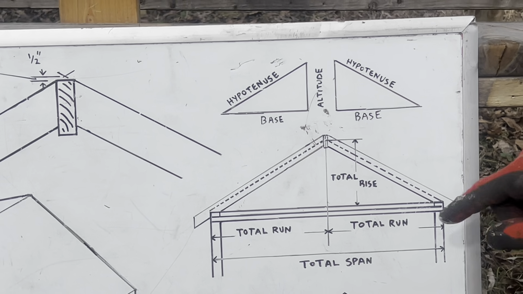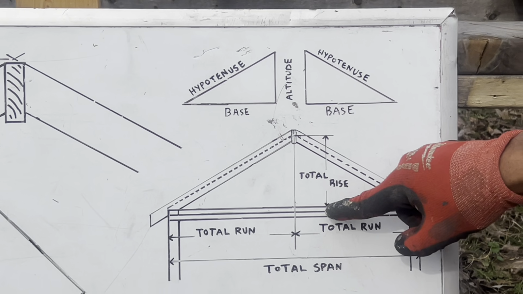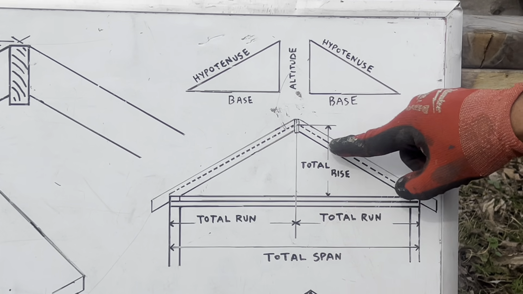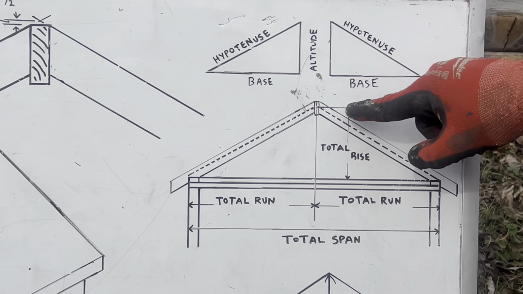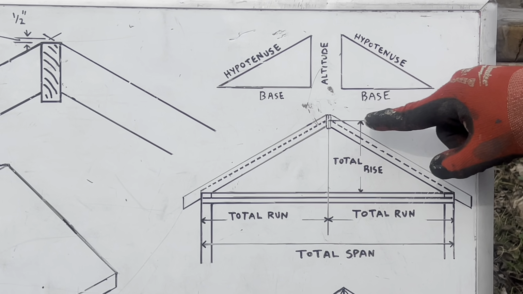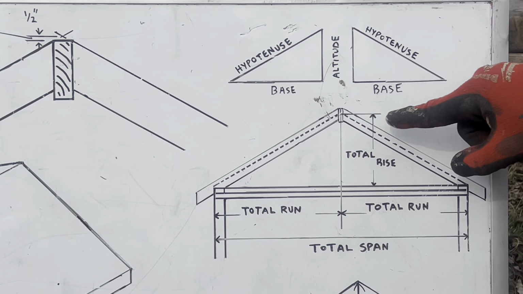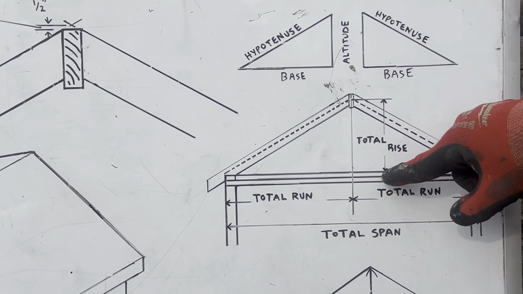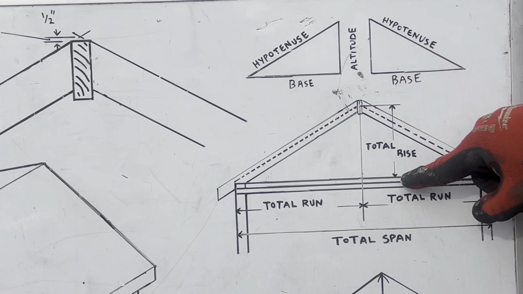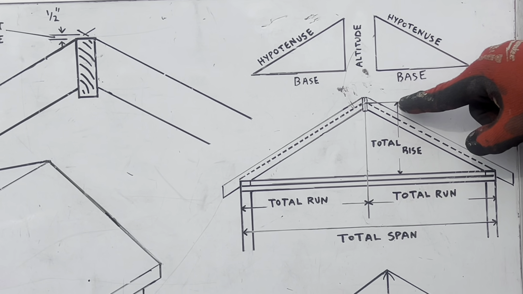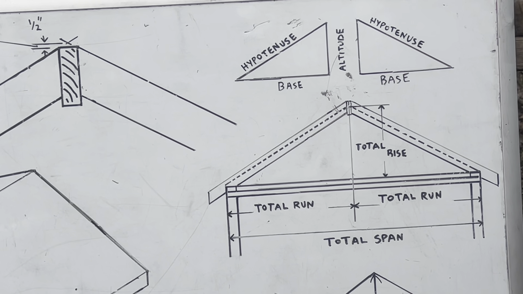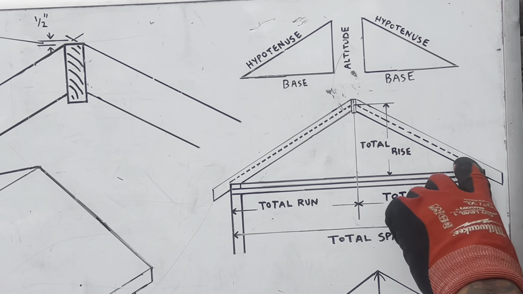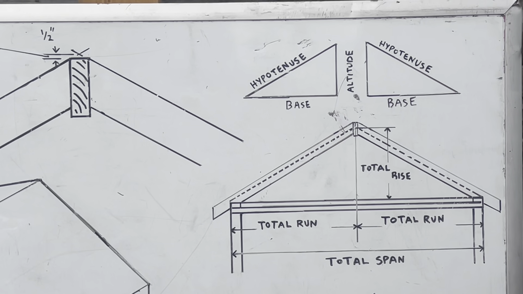Now you also have right here, from your double top plate to your theoretical rise of your ridge board. Theoretical means in theory, right? So from your double top plate to the theoretical rise is your total rise, okay? Now, you see this dashed line right here. Let me try to explain this.